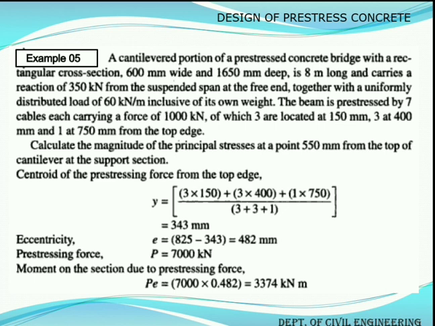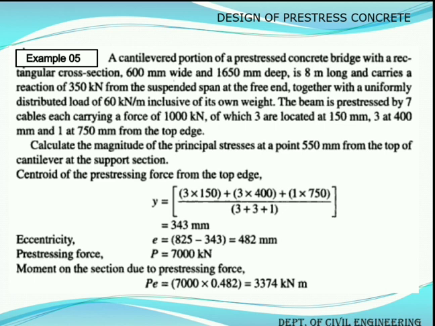Further, eccentricity will be the center of concrete compared with the center of steel. So we got the location of steel as 343 mm, whereas the center of concrete will be at half of the depth of the section, which is 1650 divided by 2, which we get as 825.